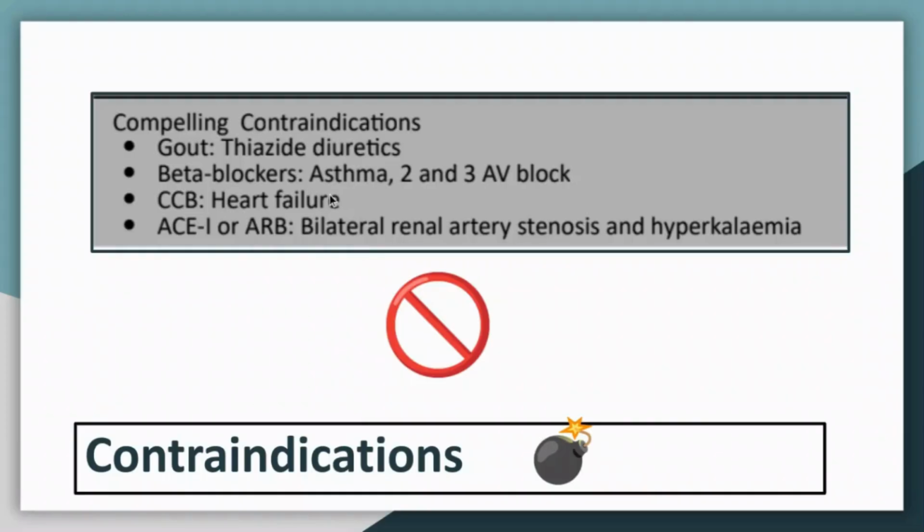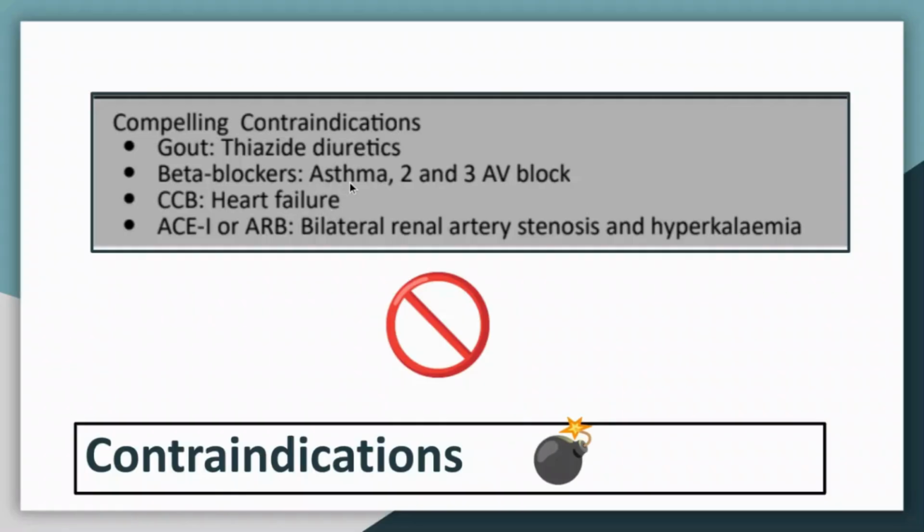You can't give a calcium channel blocker in heart failure because you further weaken the already weak heart. Calcium channel blockers block calcium channels, so the heart can't beat as strong as it would have. The heart is already failing and you don't want to worsen that. So we don't give calcium channel blockers in heart failure.